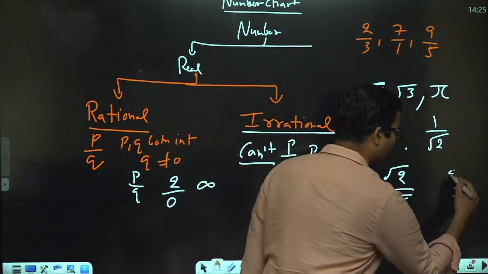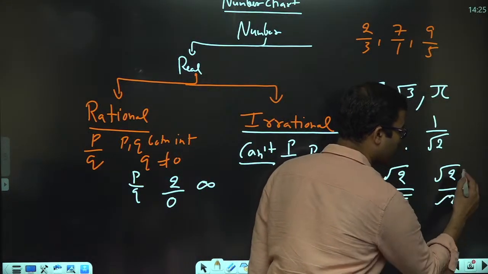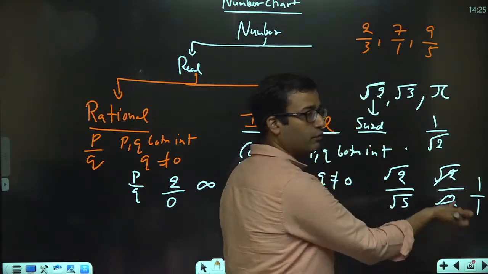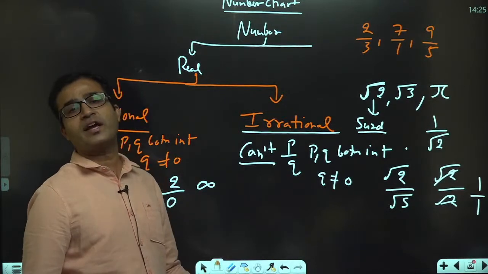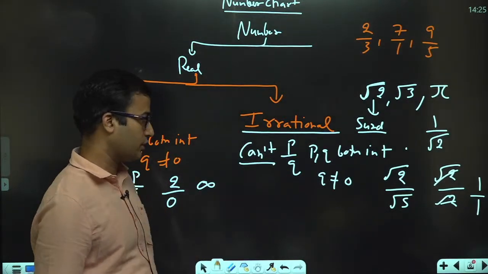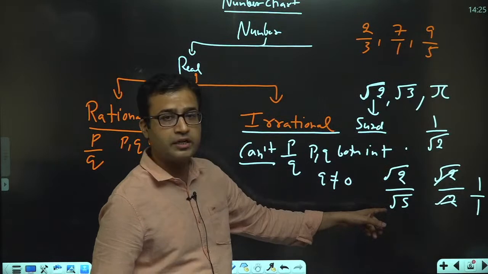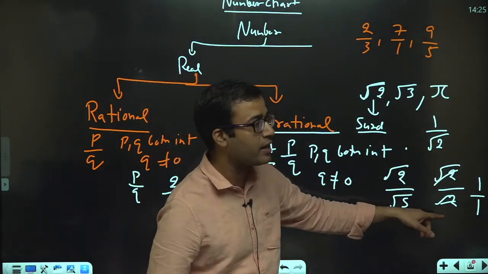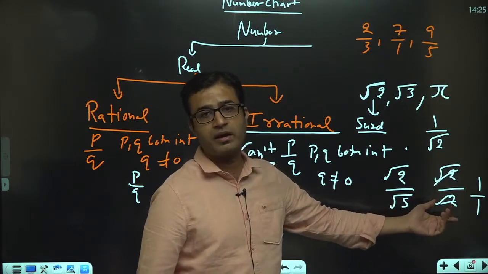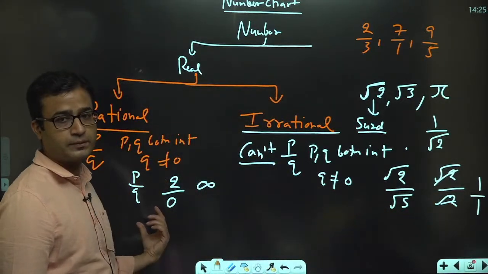But if you say under root 2 divided by under root 2, which ultimately gives 1 by 1, which becomes a rational number. So after simplifying that, what is the final value? If you ask me under root 2 divided by under root 5, I will say irrational. But if you say under root 2 divided by under root 2, ultimately it is 1 by 1, which has to be a rational number.